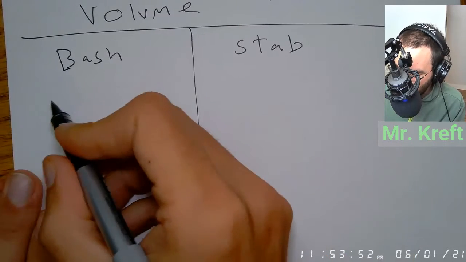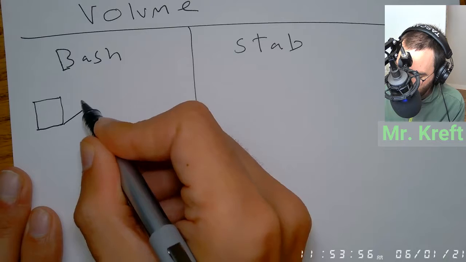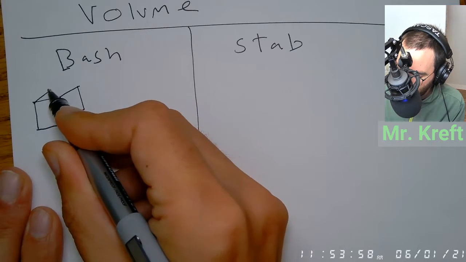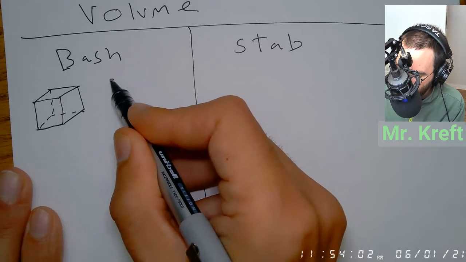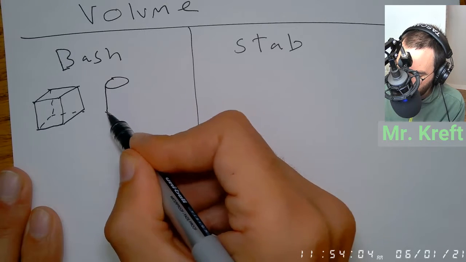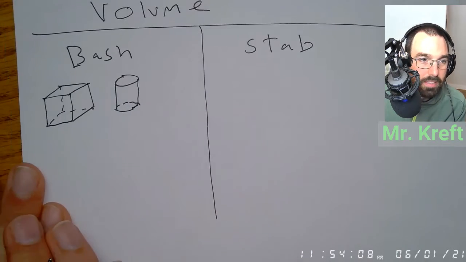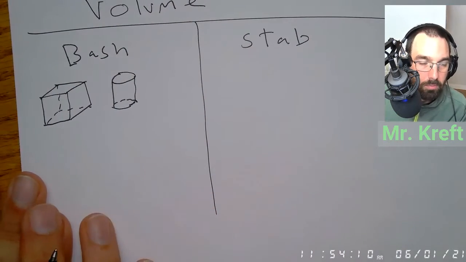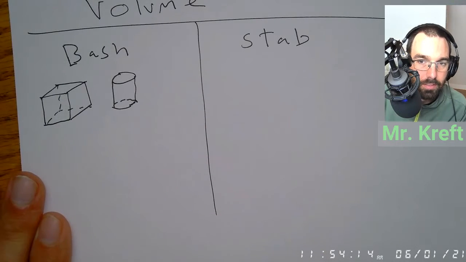In bashing, what are those shapes? We have a box, we have a cylinder. Okay, they're bashing shapes. Notice how their surfaces are flat.